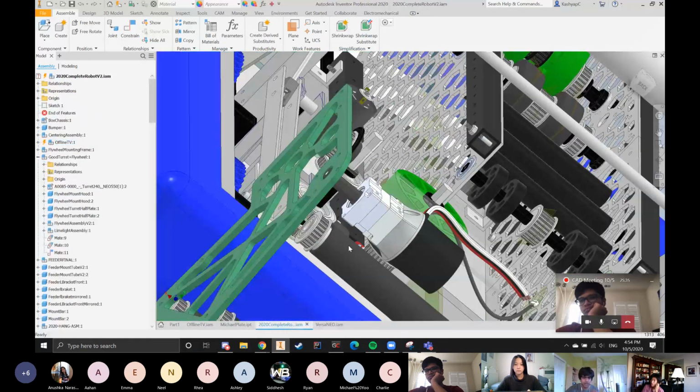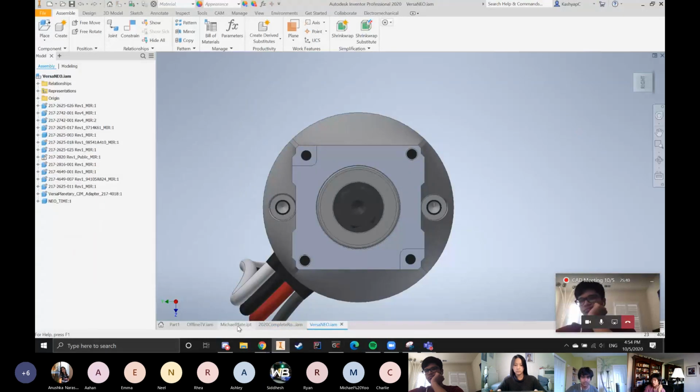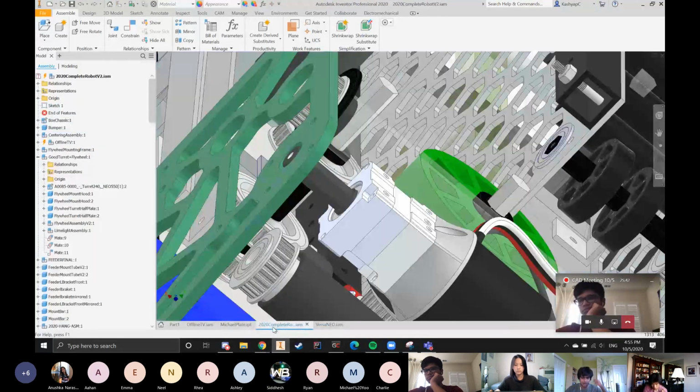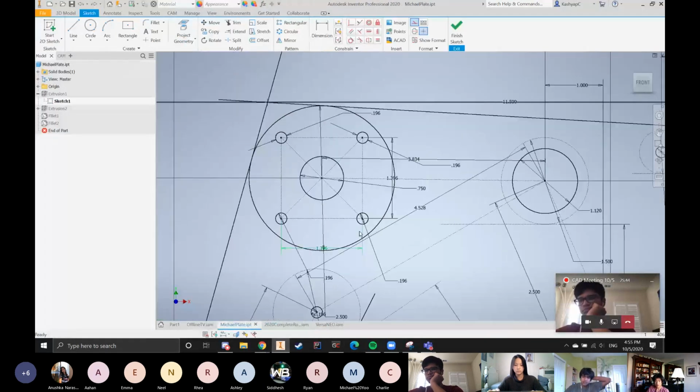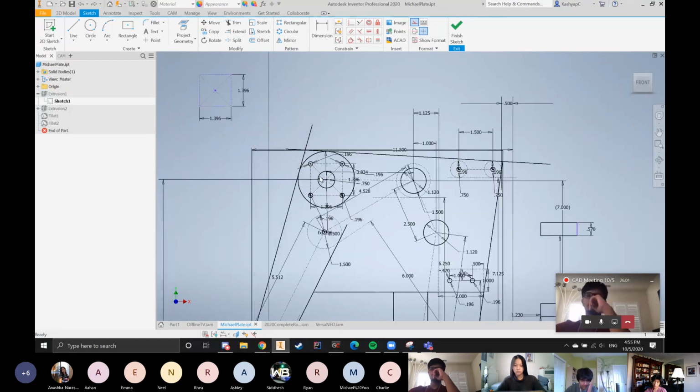It's a really weird dimension actually, but it's a 2-inch bolt circle, which is why it's √2. So what you would do is take the bolt circle that's specified on VEXpro, which is the maker of the gearbox that it goes into, and then replicate the same pattern inside your own Inventor and place it here.